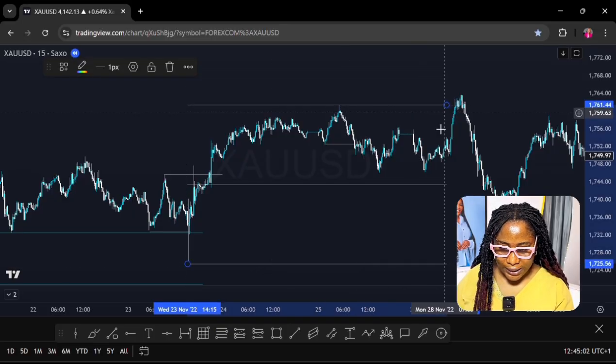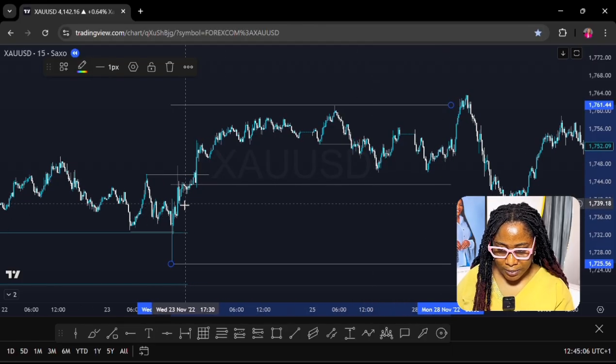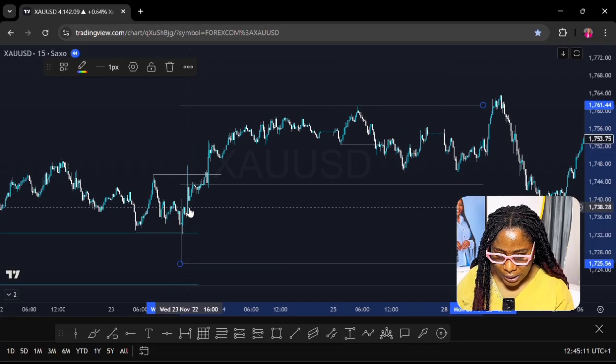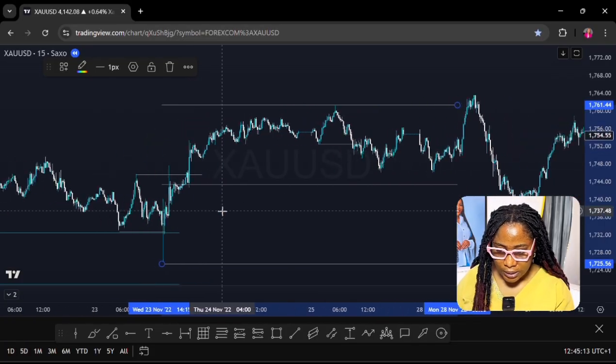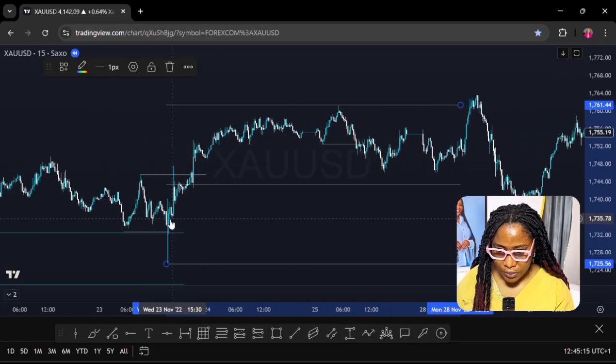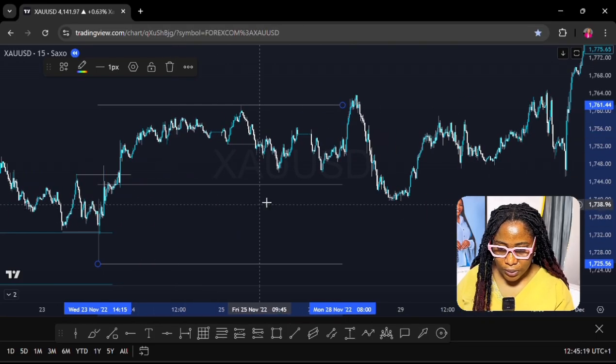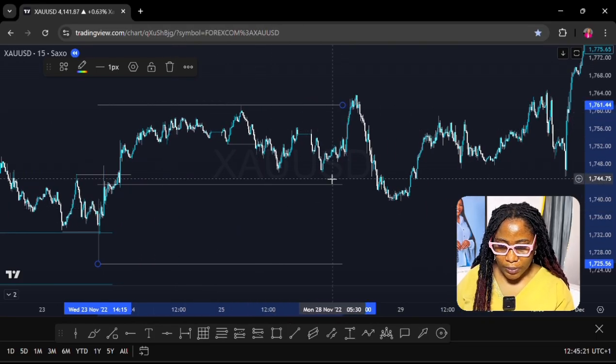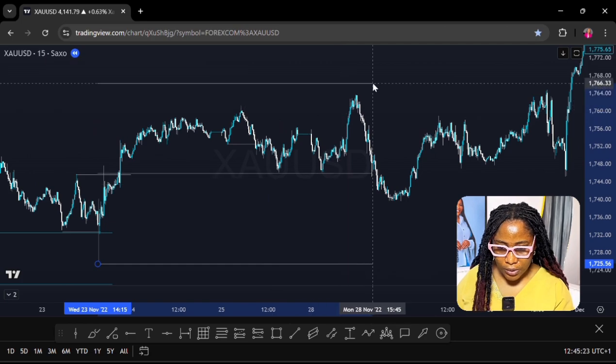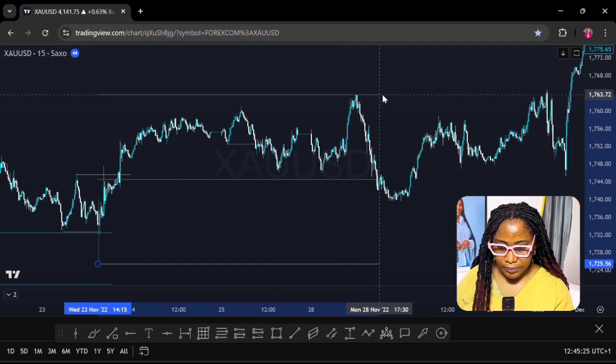So we want a pullback that is within this discount. There's even an FVG here that I'm eyeing. Seems like this guy used it. Then I want this low to be taken, then we can use this other block. Anyways, let's see what price does. So this did not pull back and then went on to give us a new high.